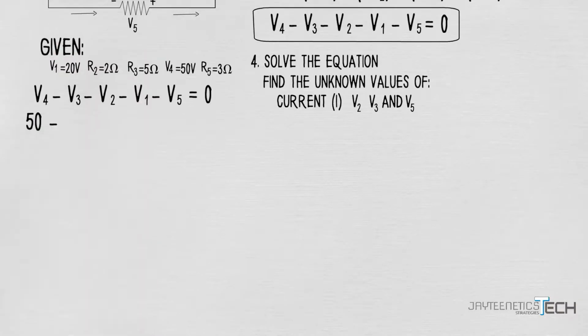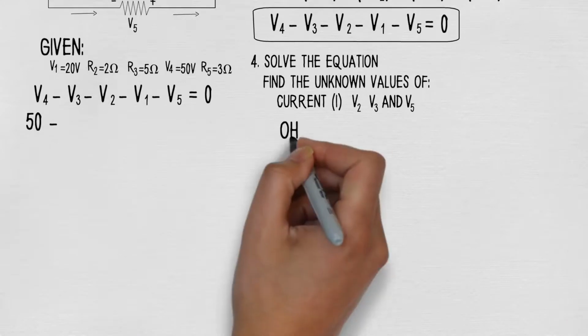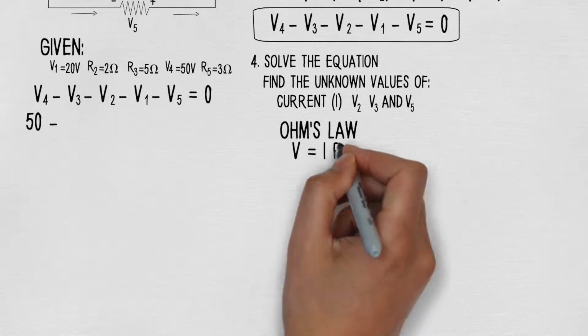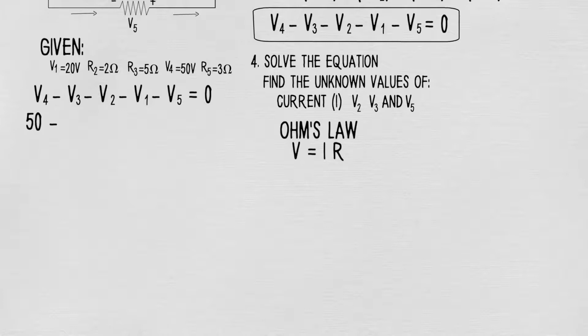Let us start substituting the values. V4 is 50 minus V3. But instead of using V3, which is unknown at the moment, we will use the Ohm's law formula, V is equal to I times R, which is in this case I times R3.